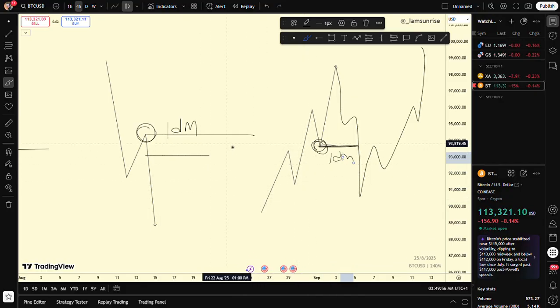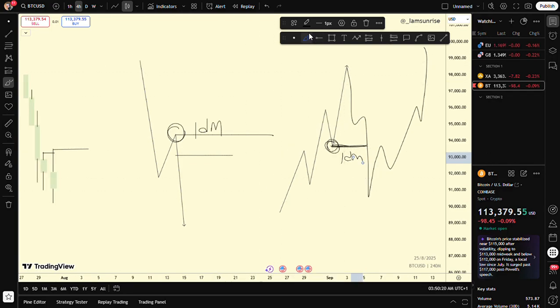After this one, I think the next class should be POI, correct? Or break of structure and sweep: how to identify break of structures and sweep. Do you get it?